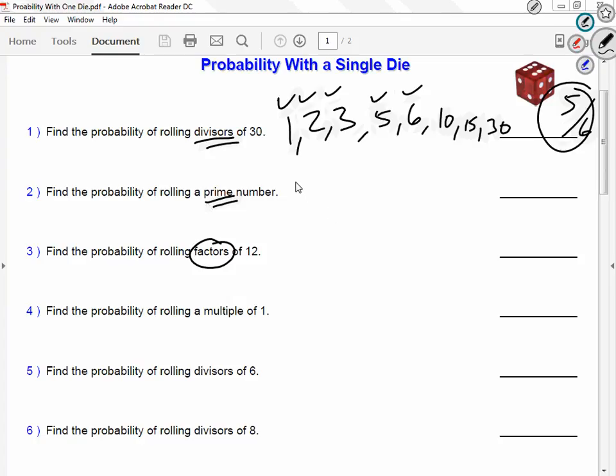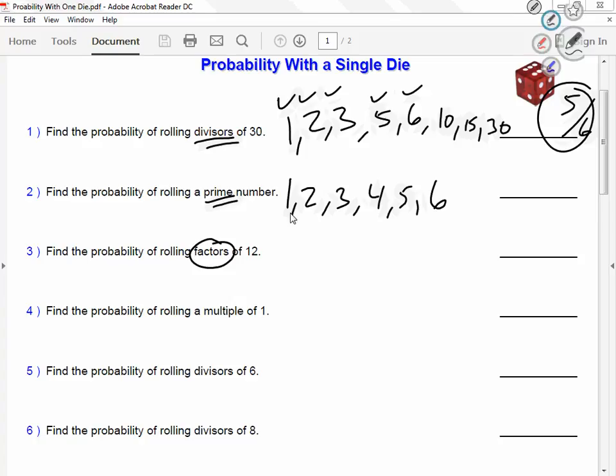Let me look at my list of numbers on my die: 1, 2, 3, 4, 5, 6. Those are the possible numbers I can roll on a die. Remember, prime numbers are those numbers that can only be divided by 1 and itself, nothing else. Is 1 a prime number?